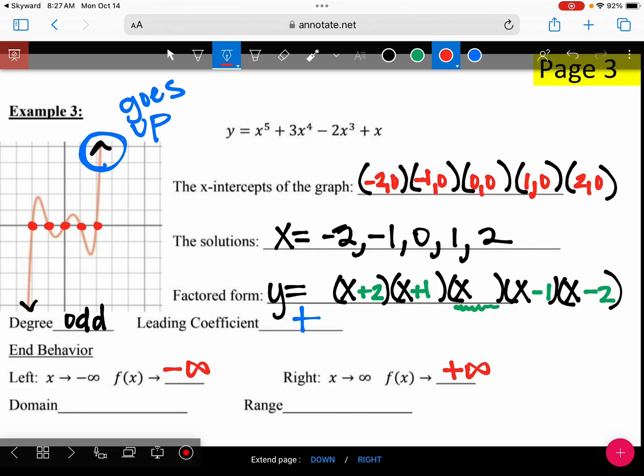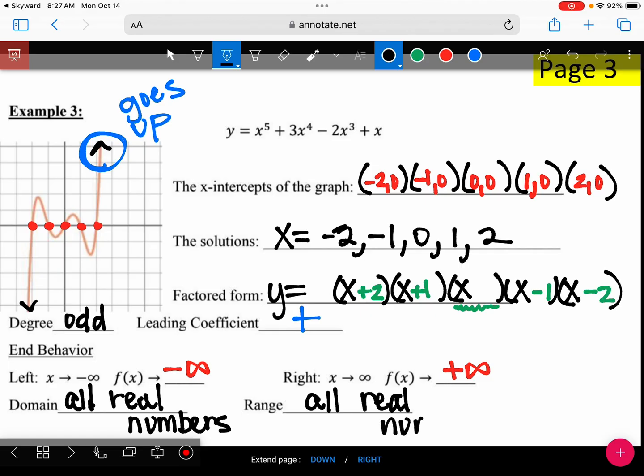This is odd, so my domain and range is all real numbers. All right, any questions about that? Okay, last one.